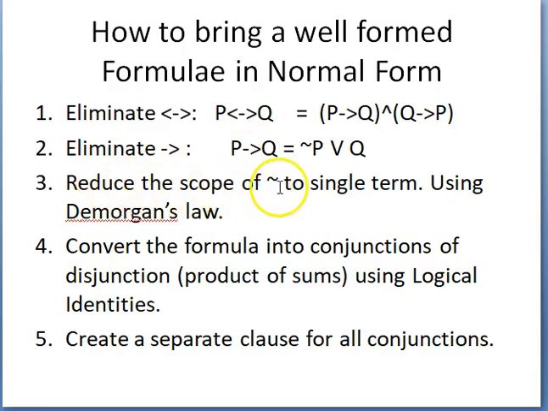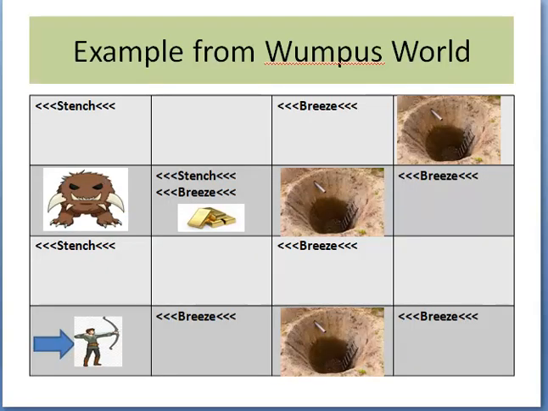Then we reduce the scope of the negation to a single term using De Morgan's law. Then convert the formula into conjunctions of disjunctions using the logical identities, and then we separate the clauses for all of the conjunctions. So let us look at one example to perform all these steps.